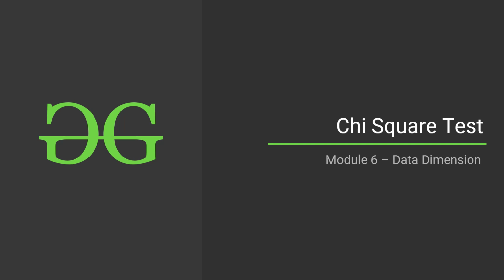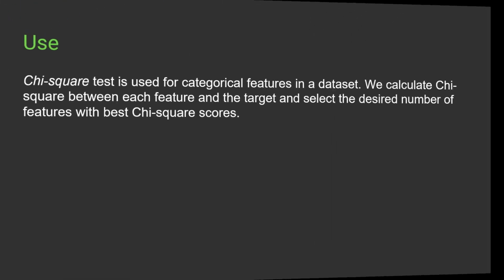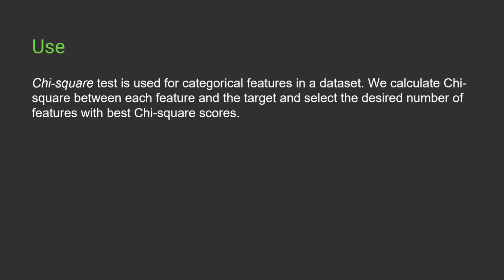So in this intuition video, I'll be showing you how the chi-square test is performed and what the use of it is. Basically, this test is used for categorical features in a data set. Whenever we have categorical features in the data set, this chi-square test works perfectly fine.